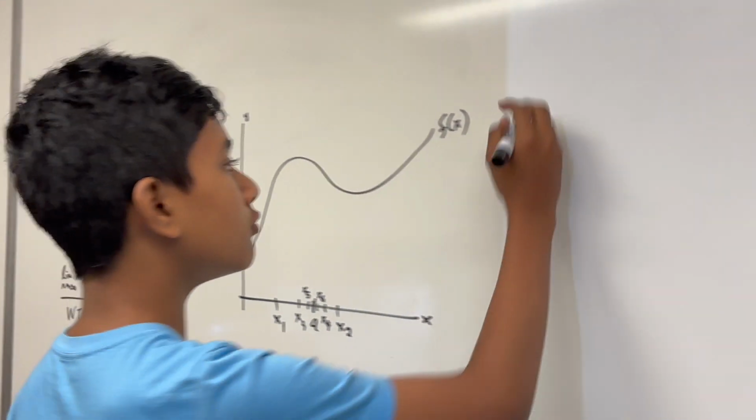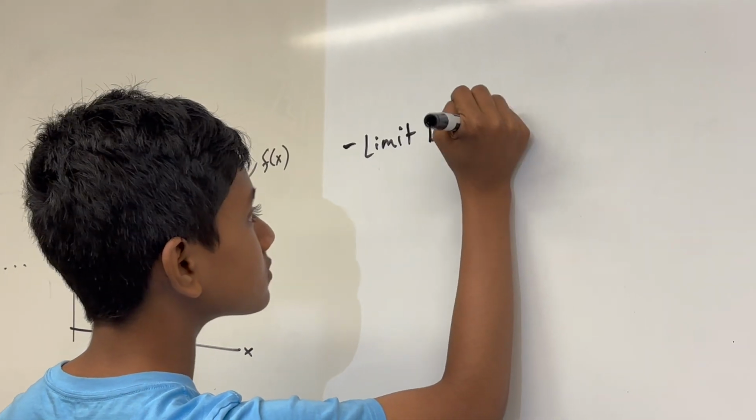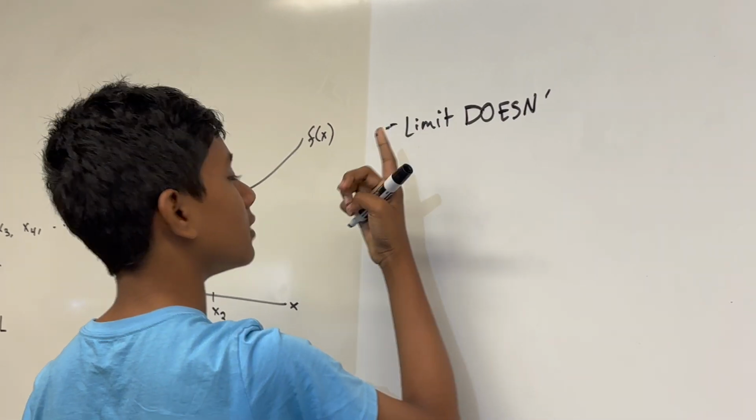Now, how do we know when a limit doesn't exist?